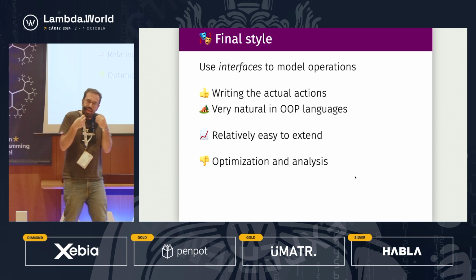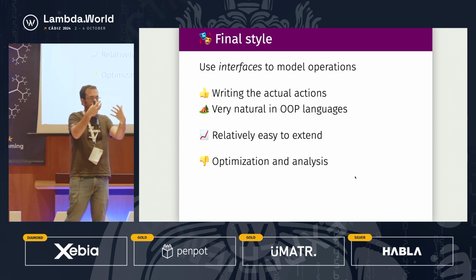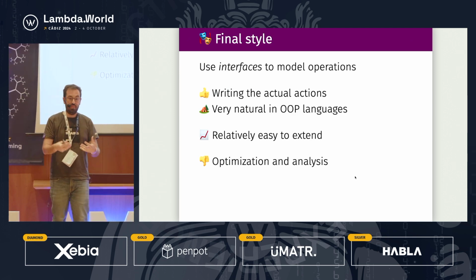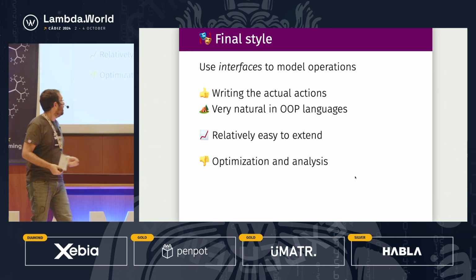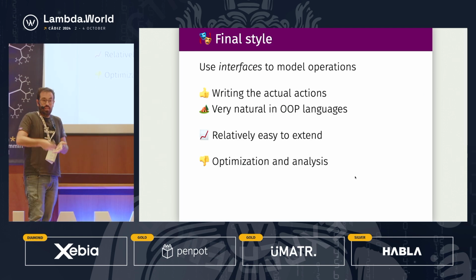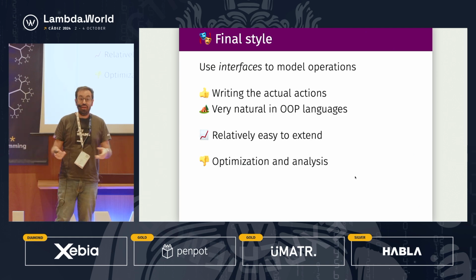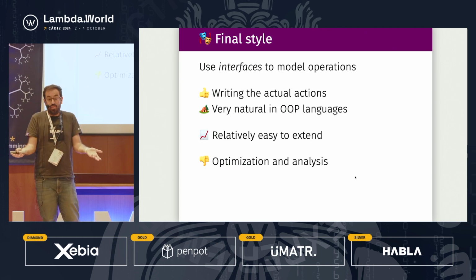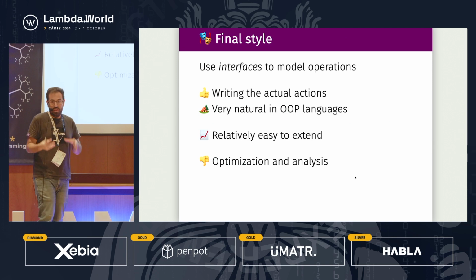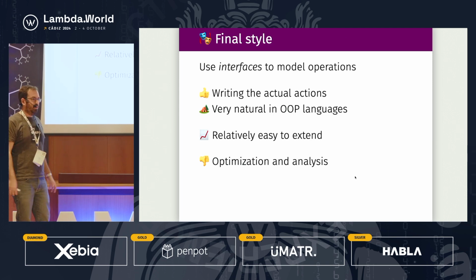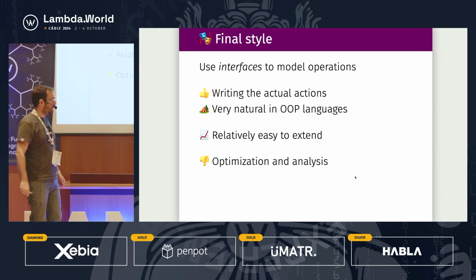It is much more clear for the reader of the program what we want to do, and it's very natural in some subset of languages, like object-oriented languages, which are the languages most of us will be using, more than a pure functional language with type classes and things like this.